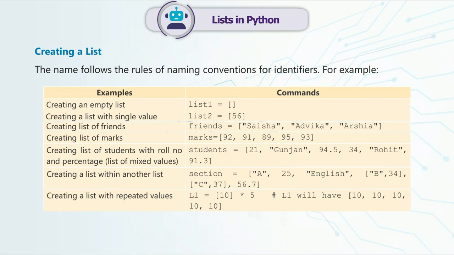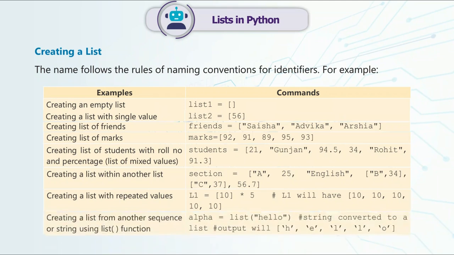Creating a list with repeated values: L1 is equal to square brackets 10 times 5. Hash L1 will have 10, 10, 10, 10, 10.